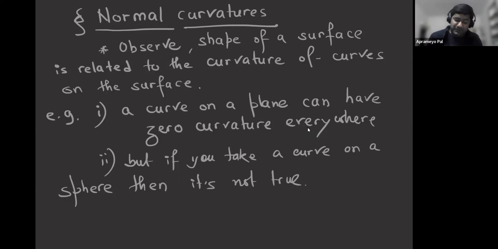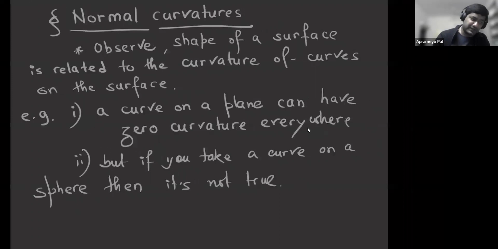So you see what we are trying to do? When we try to measure the curvature of a surface, we are essentially approaching the same thing in many different ways. Initially we went through the tangent plane, then through the normal unit vector and how that varies. And now we are seeing how the curvature of curves on the surface varies. Okay, so now let me be more precise.